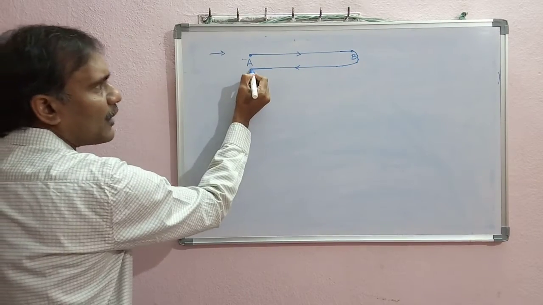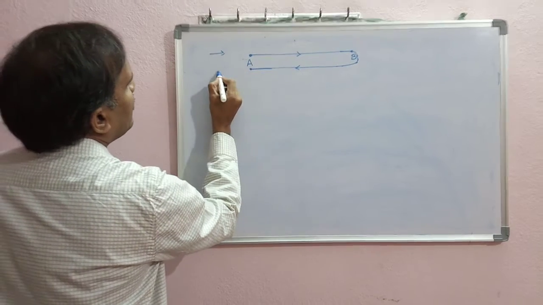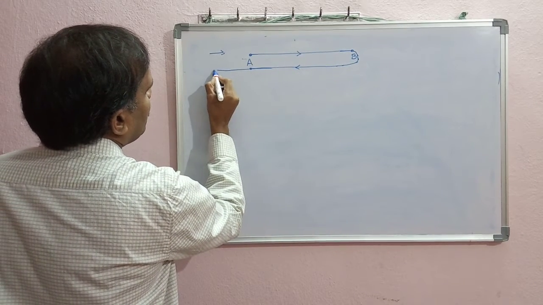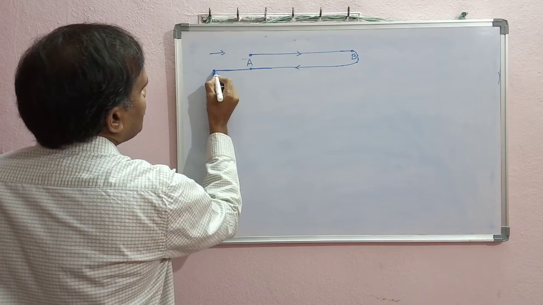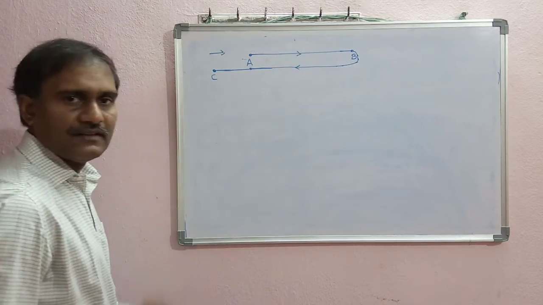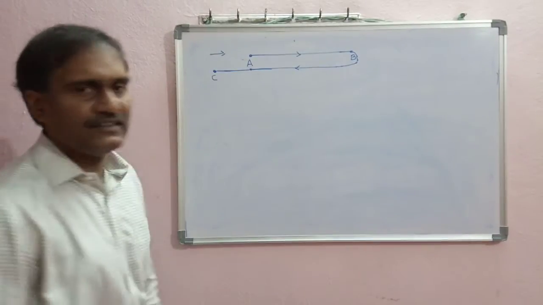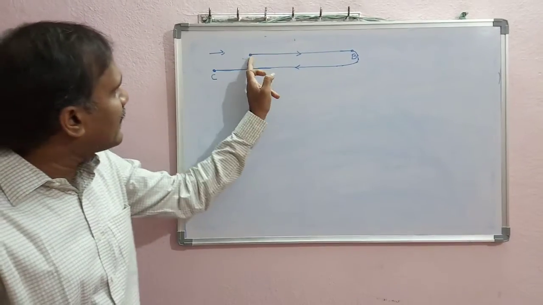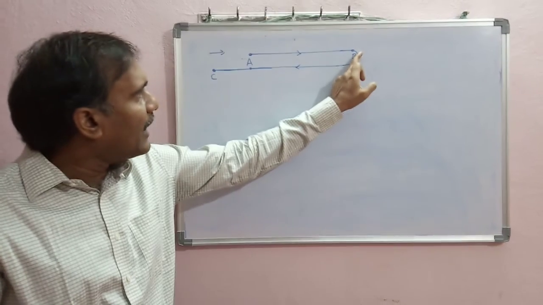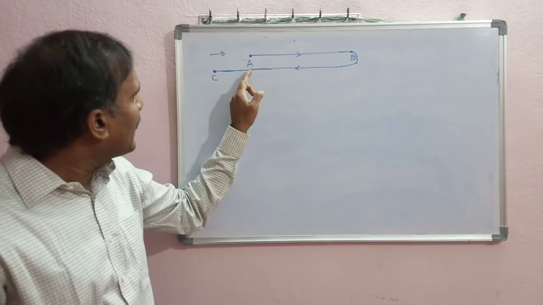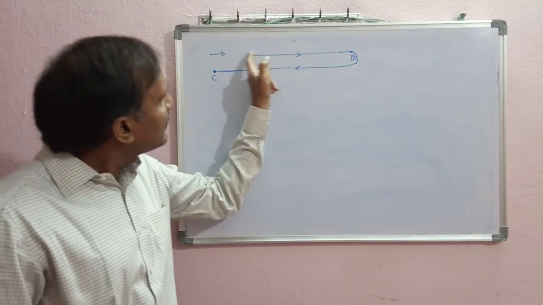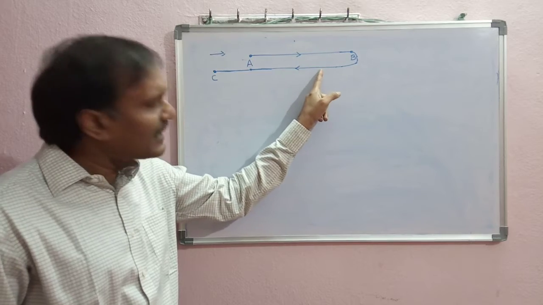But it does not stop at this point A. It is moving in this direction. Finally, it reaches the point C. It travels from A to B and then B to A and then A to C. Here for my convenience, I am using another path.